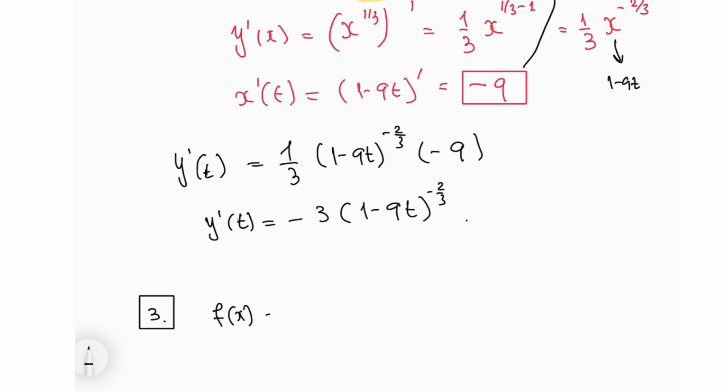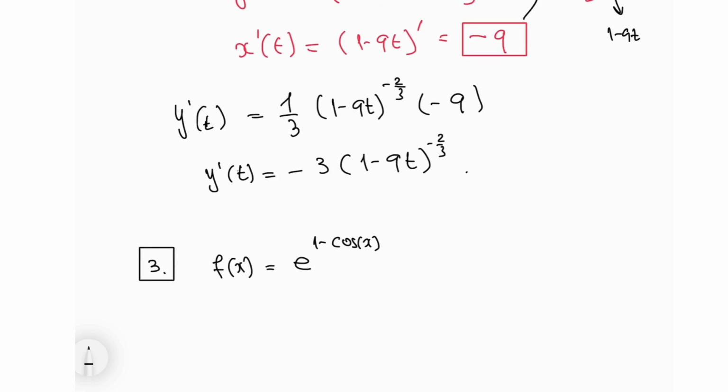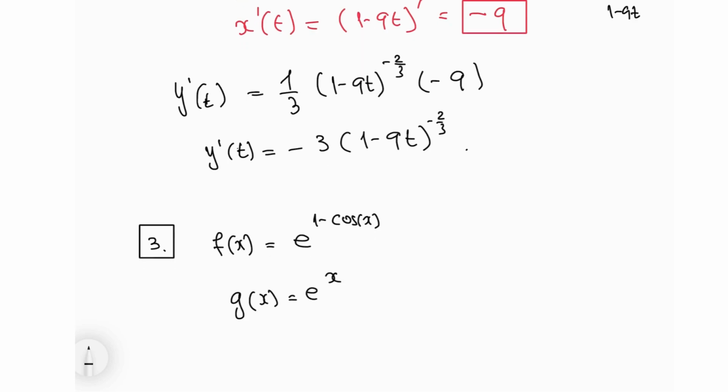Okay, problem number 3. f of x equals e to the power 1 minus cosine x. Now you can write this as basically two functions. So g of x equals e to the power x, h of x equals 1 minus cosine x.